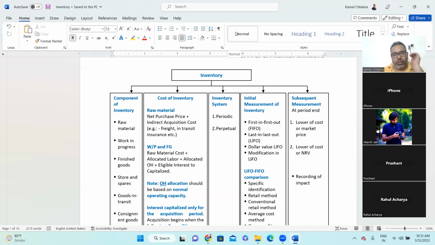So if your terms with Goodyear are that your ownership of the goods starts when Goodyear dispatches, that means for you it is FOB shipping. Then you will consider that goods in transit or raw material in transit, right? And if your arrangement is FOB destination, then once it reaches your place, you can record that as inventory.